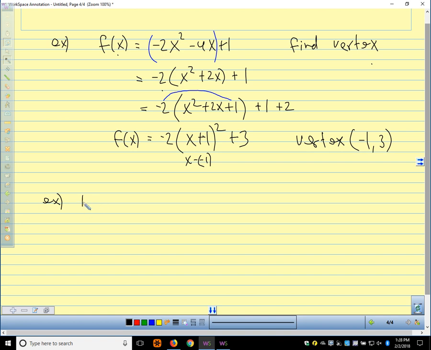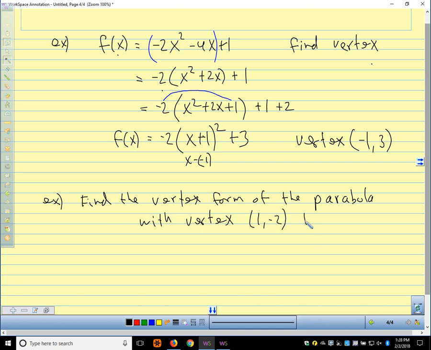We want to find the vertex form of the parabola with vertex 1, -2 that goes through 3, 6.